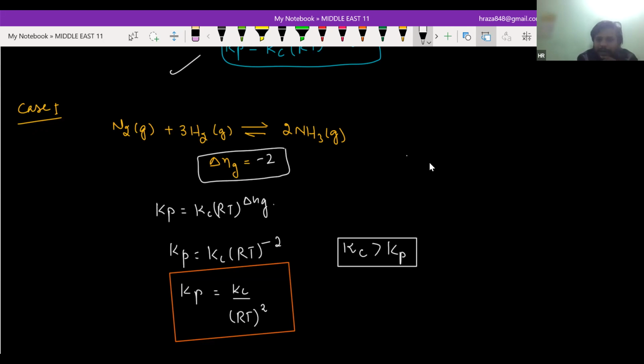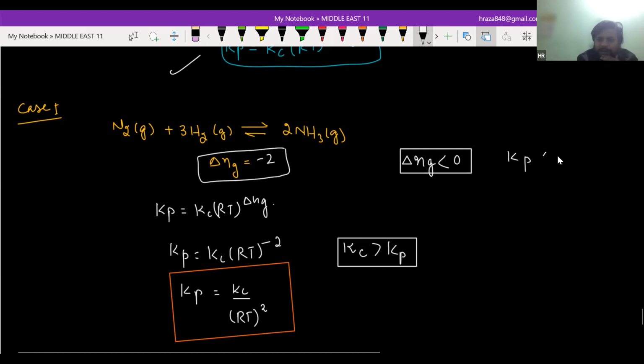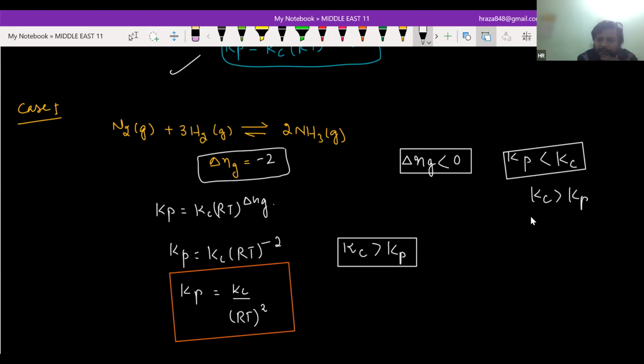So whenever delta Ng is less than 0, that means negative, Kc will be greater than Kp. Or you can say Kp is less than Kc, or Kc greater than Kp. These are the same things. Everyone got it?